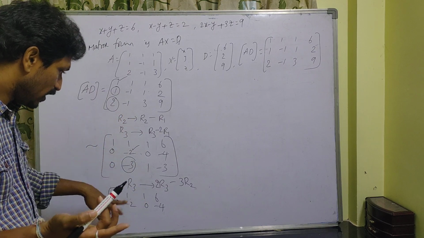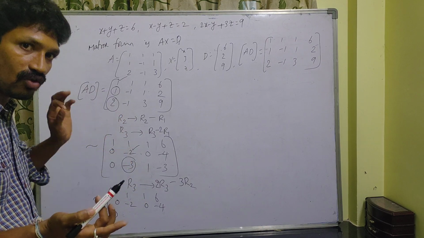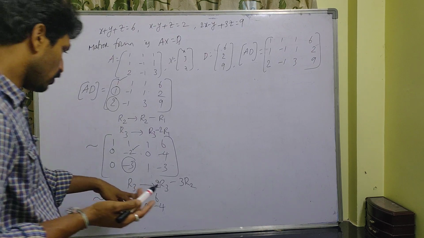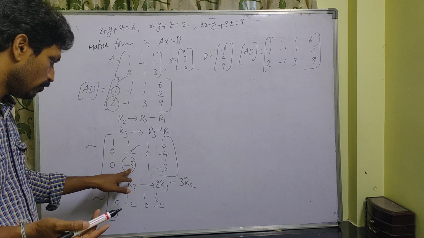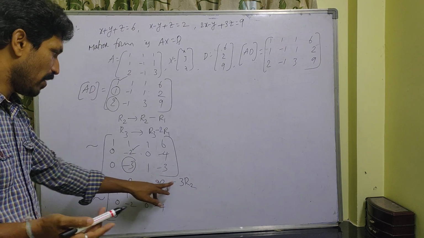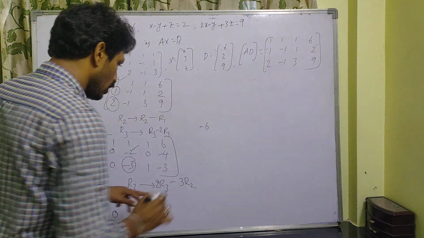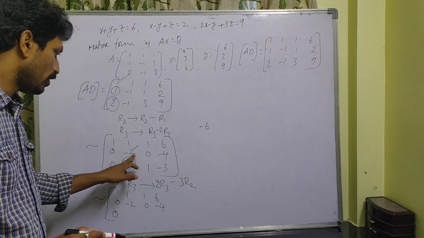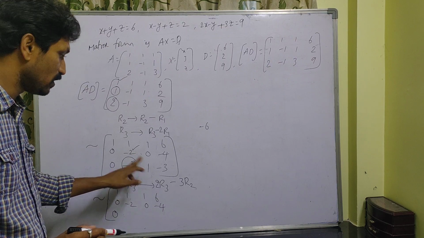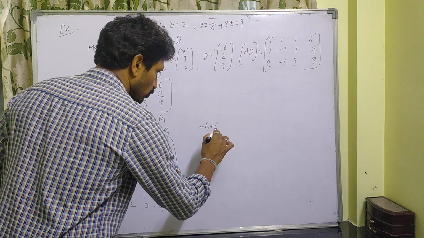That's why in the second step you always use the second row, not the first row. Now, 2 into minus 3 minus 3 into R2, R2 being minus 2, so 3 into minus 2 is minus 6. Minus into minus is plus 6, so it becomes 0.